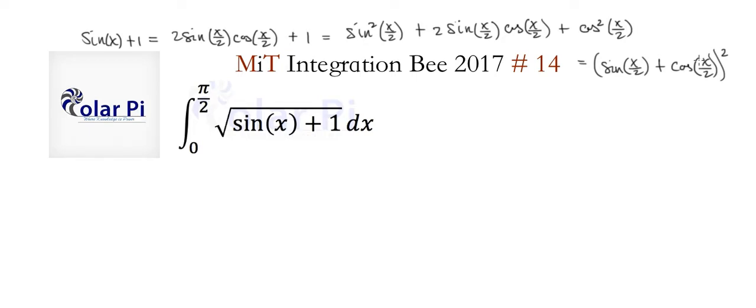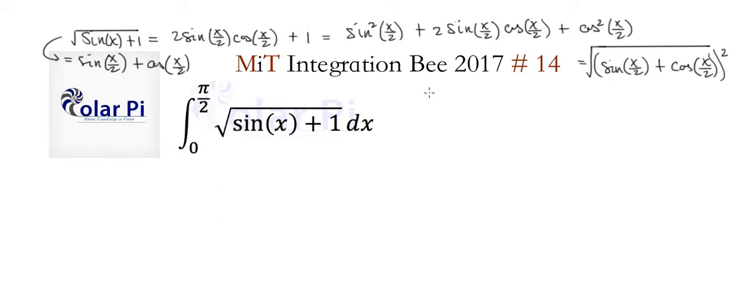Okay, cool. So I'm saying that if we put square roots on that, we could put square roots on this. And so that means, as I said, that the square root of sine x plus 1 is the same as this here, right? Okay, cool.